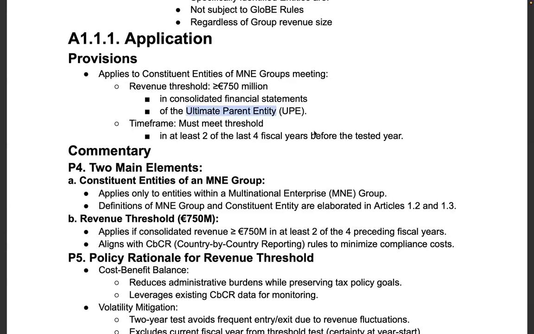Ultimate parent entity is the highest level of entity in a multinational enterprise group. It applies to constituent entities of a multinational enterprise group meeting the 750 million euro threshold. The consolidated financial statements are usually prepared by the ultimate parent entity. Now, the time frame again is in 2 of the 4 years. So it's a kind of a repeat.